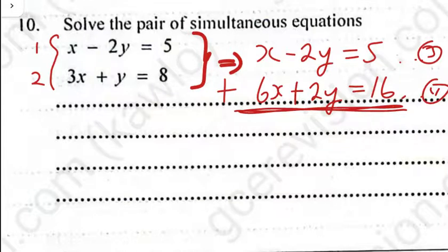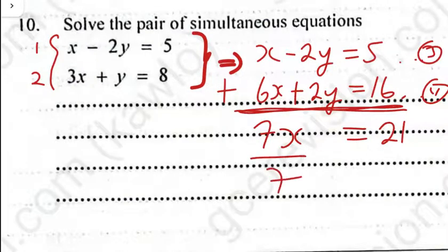So x plus 6x is 7x, and negative 2y plus 2y is 0. It's equal to, bring down the equal to sign, 5 plus 16, that gives us 21. So we have 7x equals 21. We divide both sides by 7, and this implies that x equals 3.